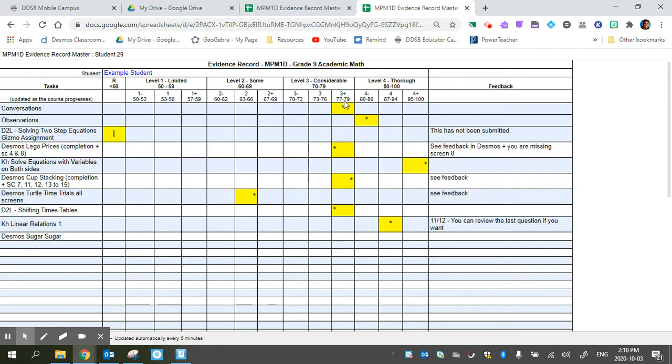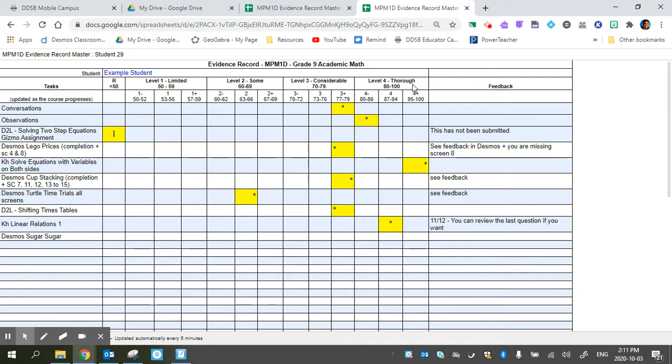Something important for everybody to realize is that level 3 is considered provincial standard. Although sometimes we may feel that this can be improved, which you can, it is within provincial standard. And when we refer to this level, it's important that people realize that this is what it means.